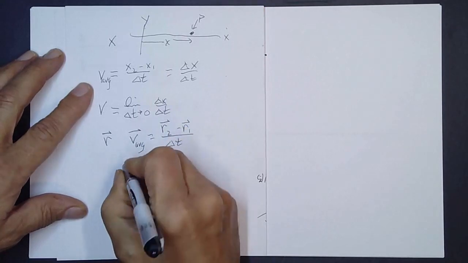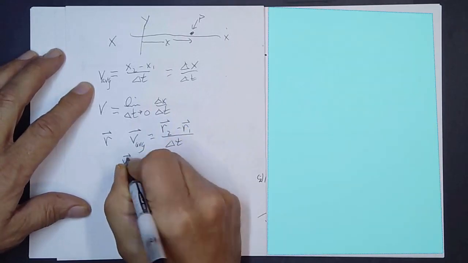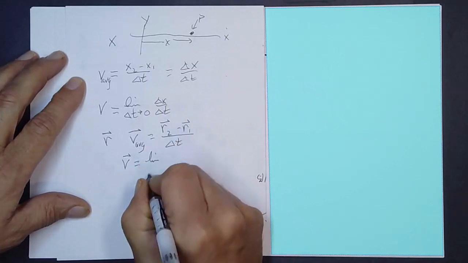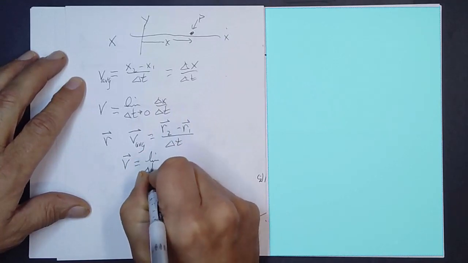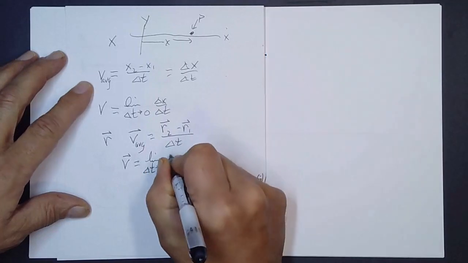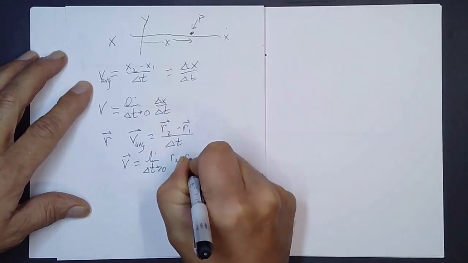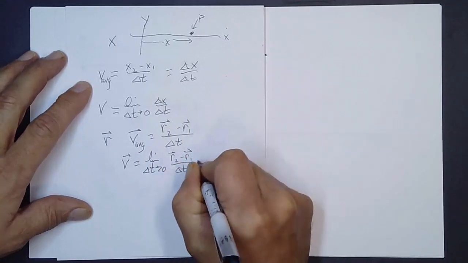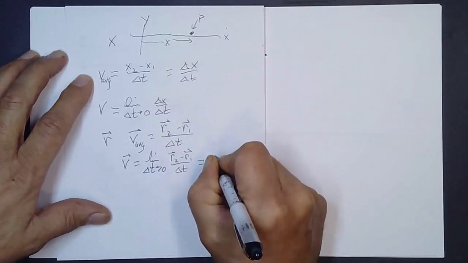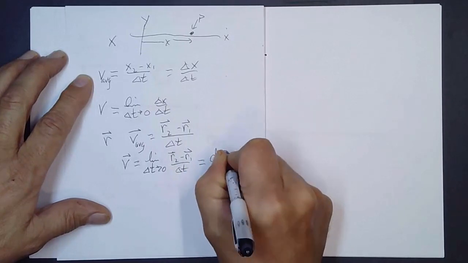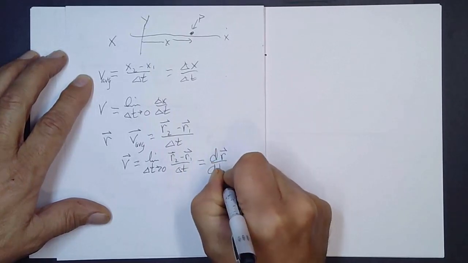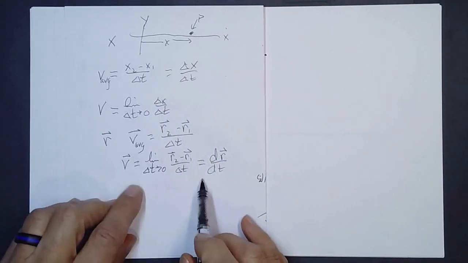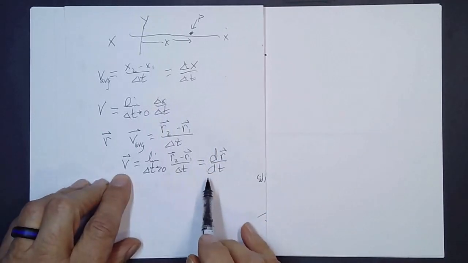Its instantaneous velocity, again, is going to equal the limit as delta t goes to 0 of r2 minus r1 over delta t. And this is also written as dr dt, derivatives, something you're starting to learn about in calculus, and maybe you're at the point where you're actually performing derivatives.